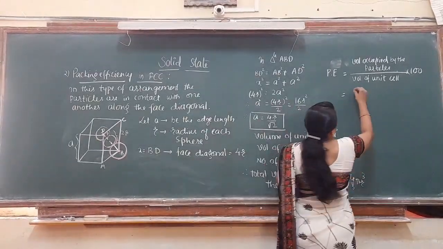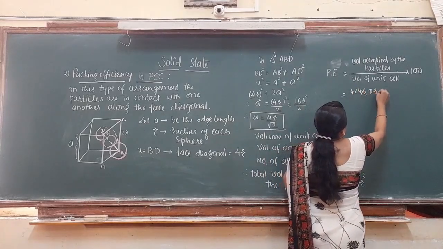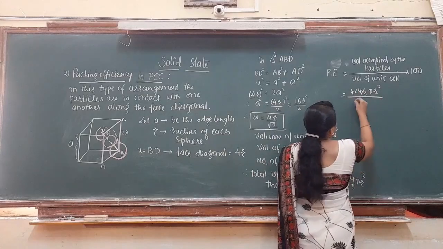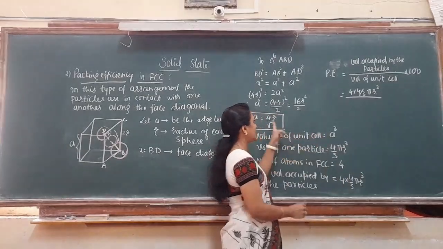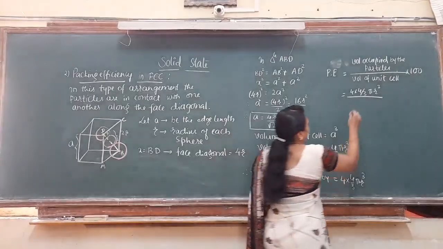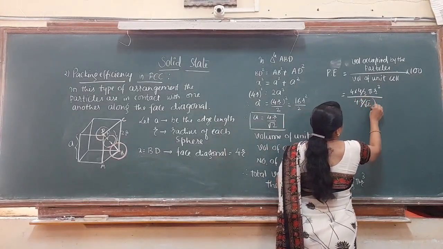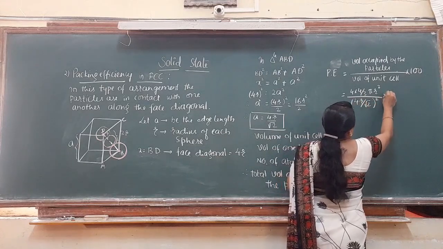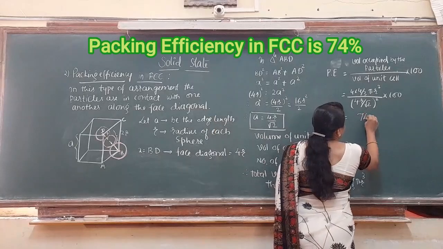Substitute. It is 4 into 4 by 3 pi r cube divided by A cube, unit cell is 4R by root 2 cube, into 100. It is 74%.